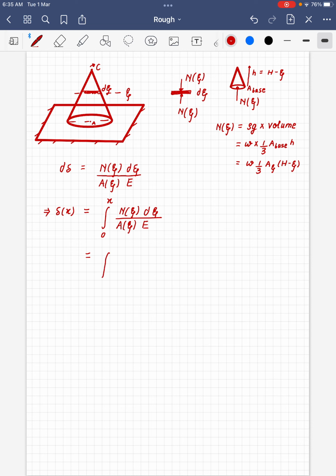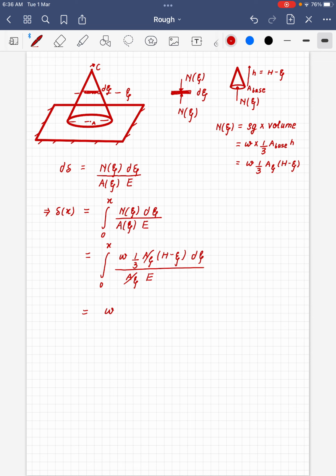Putting the value of N of zeta, W into 1 by 3 A of zeta into (h minus zeta) d zeta upon A of zeta E, cutting the A of zeta.